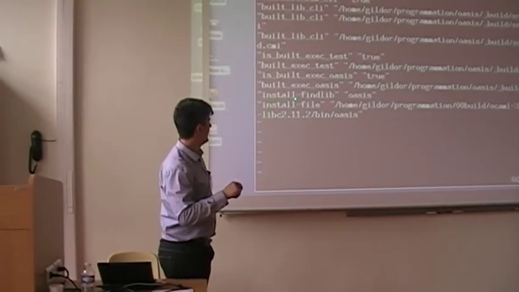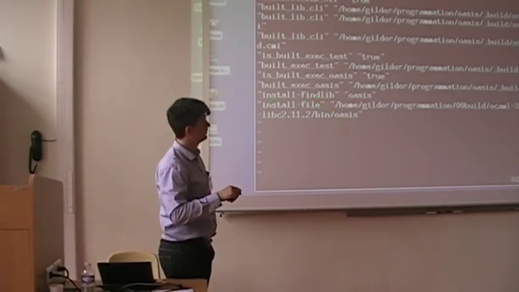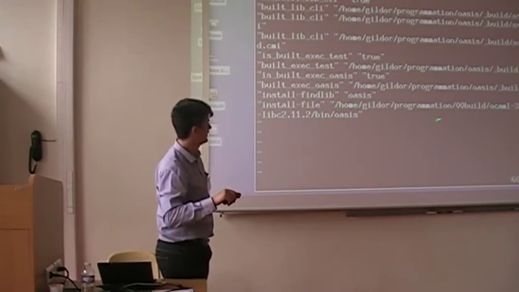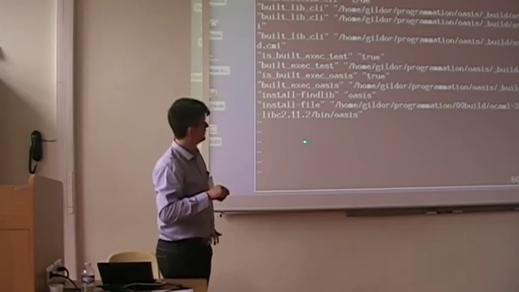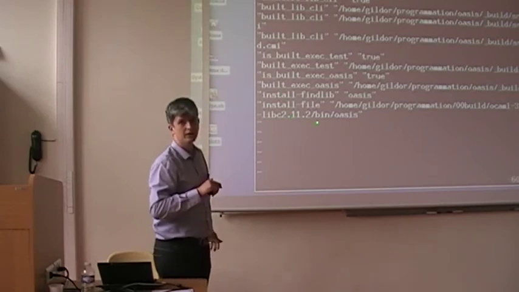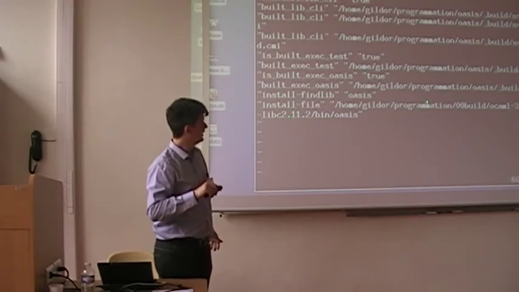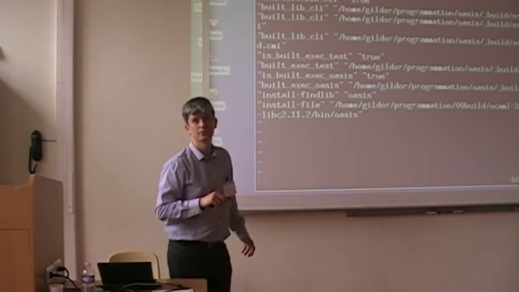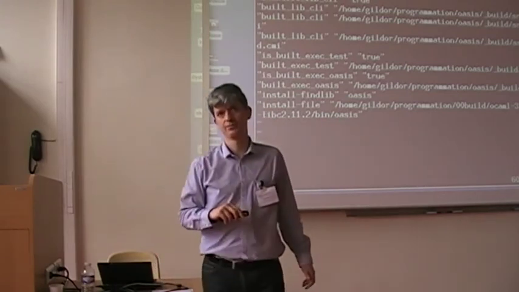I said that I use FindLib to install OASIS, and I installed a file in my bin repository containing 3.11 stuff, which is OASIS. So using these 2 lines, if I make uninstall, it will precisely remove these 2 stuff, and only this.